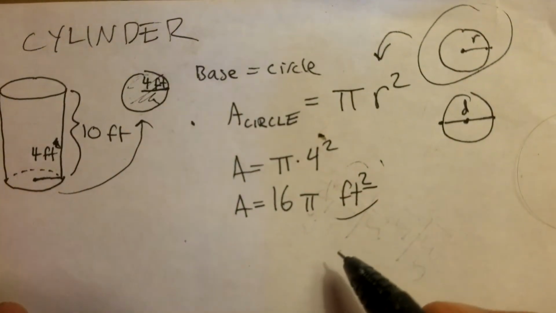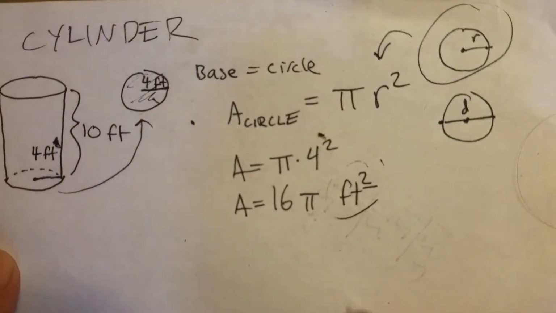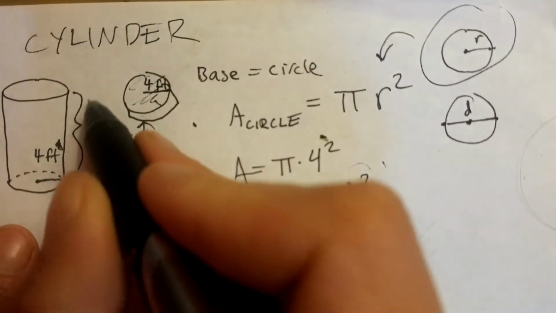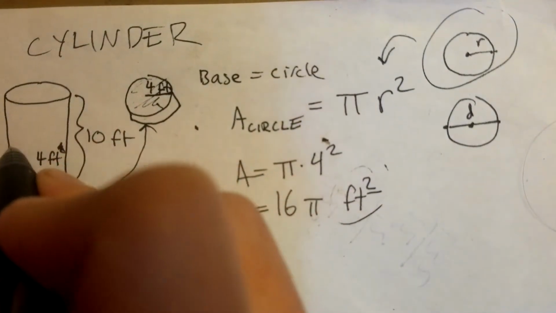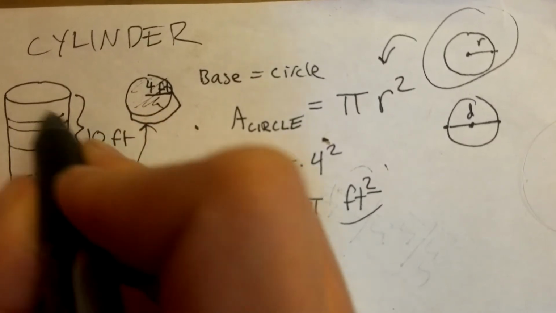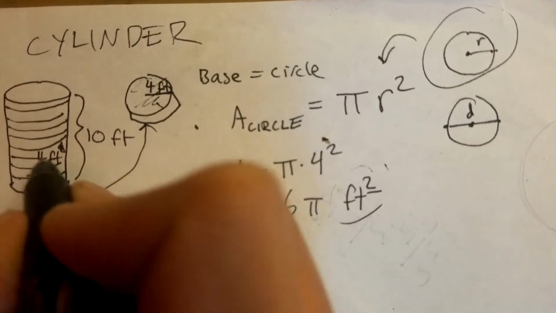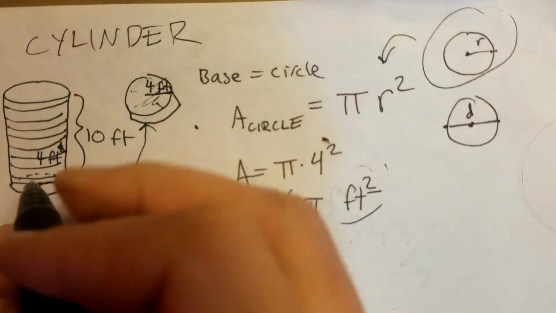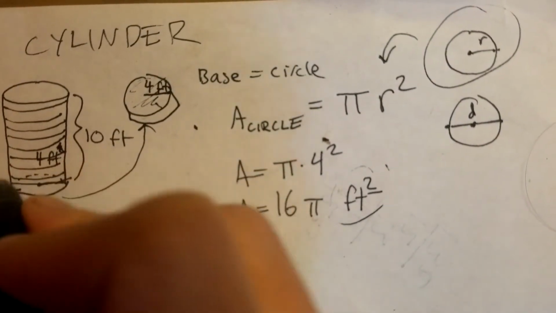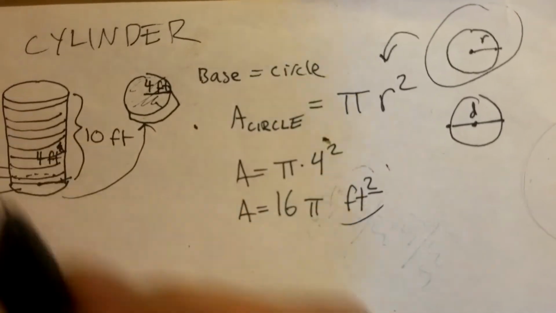Now to find what the volume is, we have this circle 10 times. So if I can draw them out, if this was 16 pi, then this is 16 pi, 16 pi, so on and so forth.